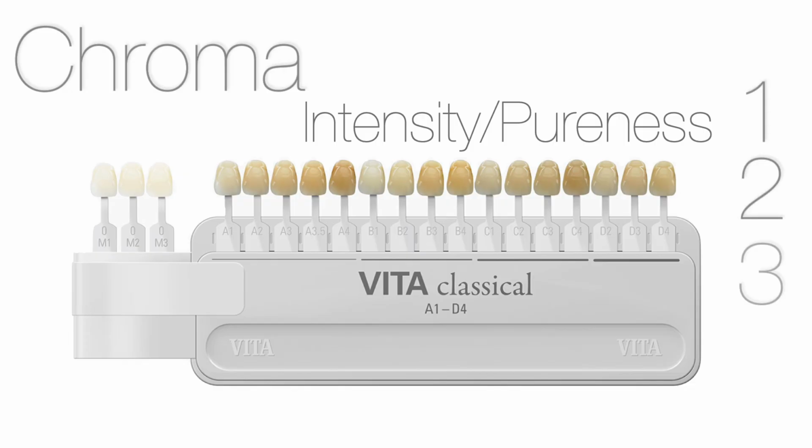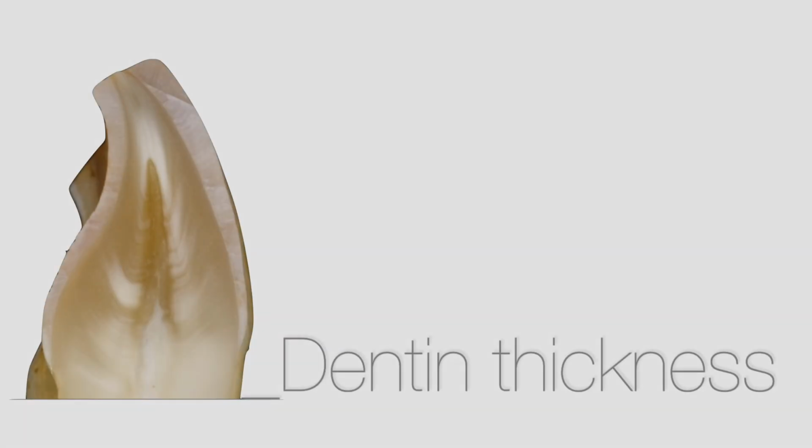In the shade guide we have four groups as well: the one gives us less chroma, which is whiter, and the four is more chroma, which is more yellow and dark. It depends on the dentin thickness.